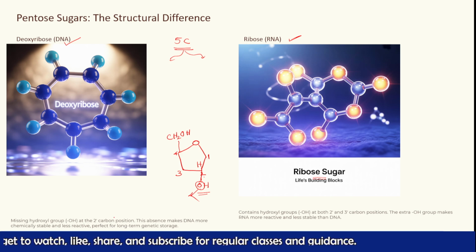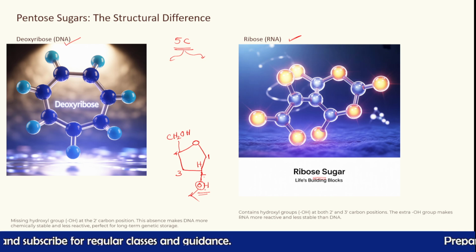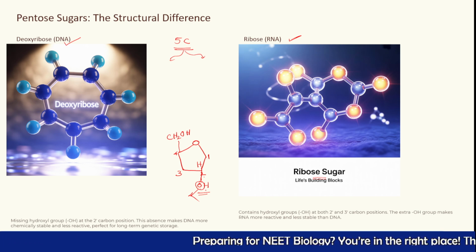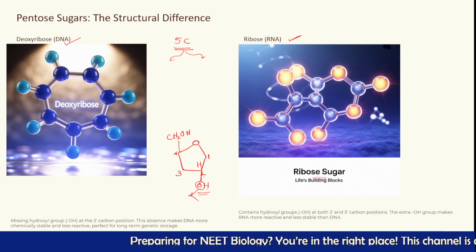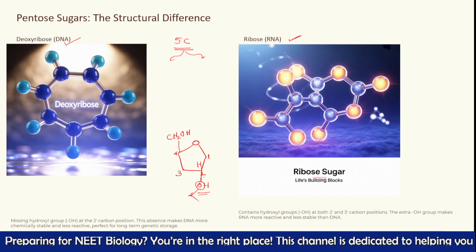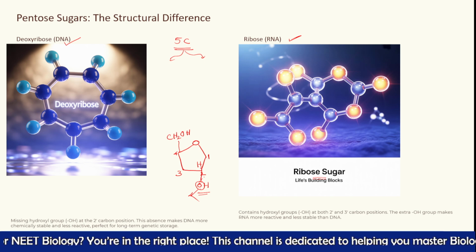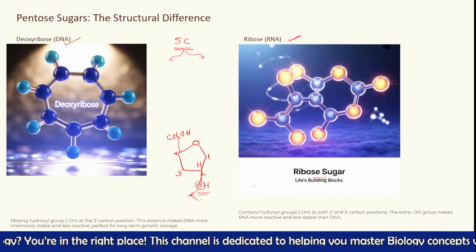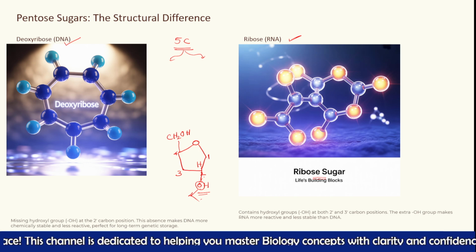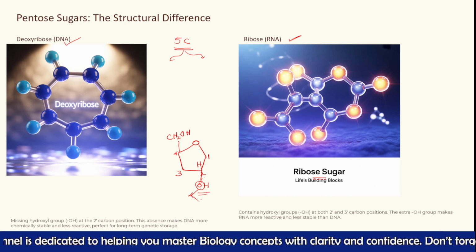Missing of oxygen from the hydroxyl group makes the DNA more stable, and it is good as a genetic material. If DNA is more stable, that is good for one of the important characteristics of genetic material, right? So remember, ribose sugar has H and OH in the second carbon atom, but in the case of deoxyribose sugar, in the second carbon atom, oxygen will be removed.